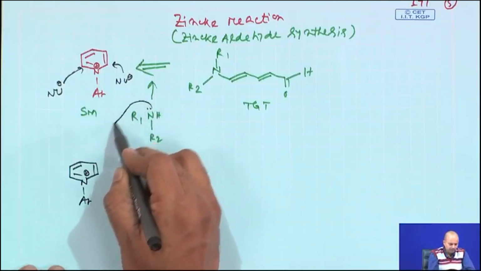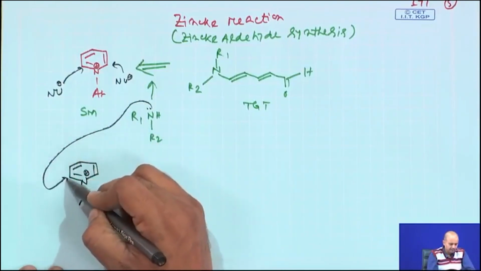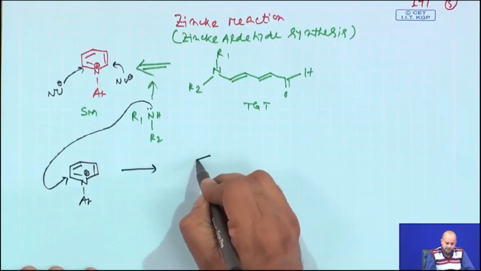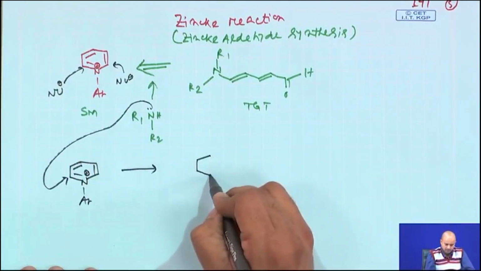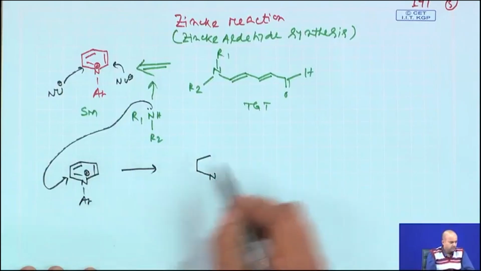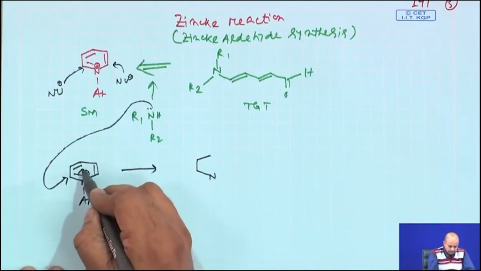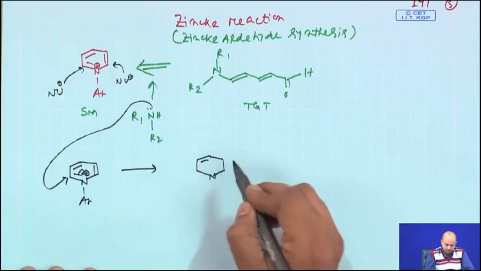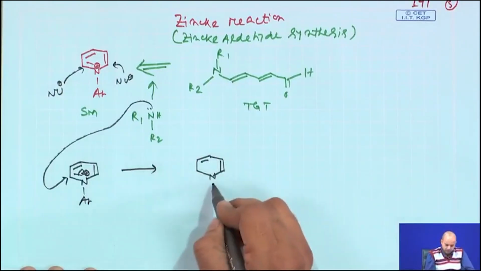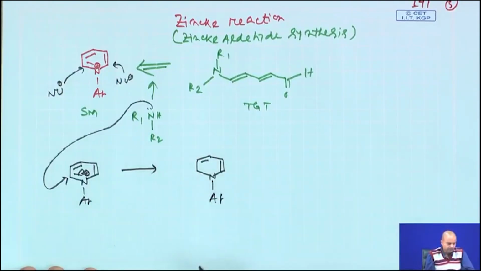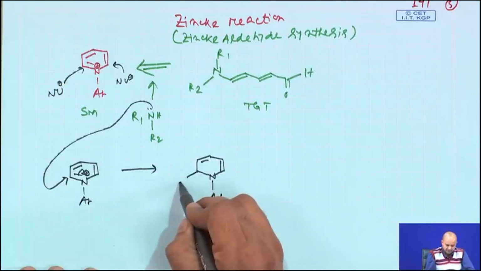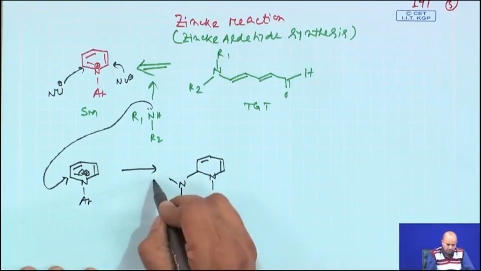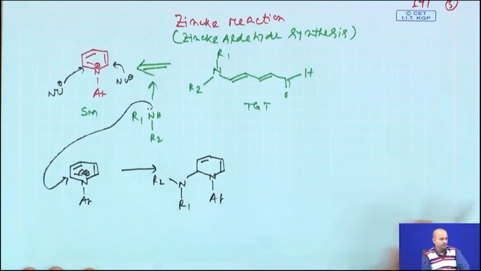So, this amine first attacks this carbon at the 2 position, and then this quaternary nitrogen is quenched. So, basically you have this, and then this nitrogen acting as a nucleophile, this amine R1 R2. R1 R2 could be anything depending on your choice.